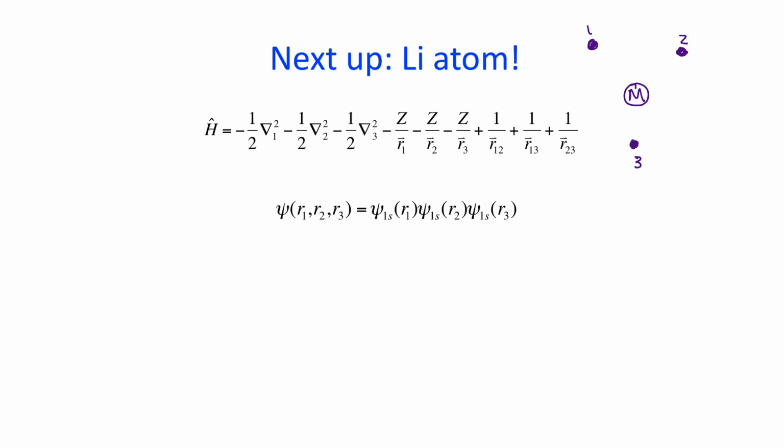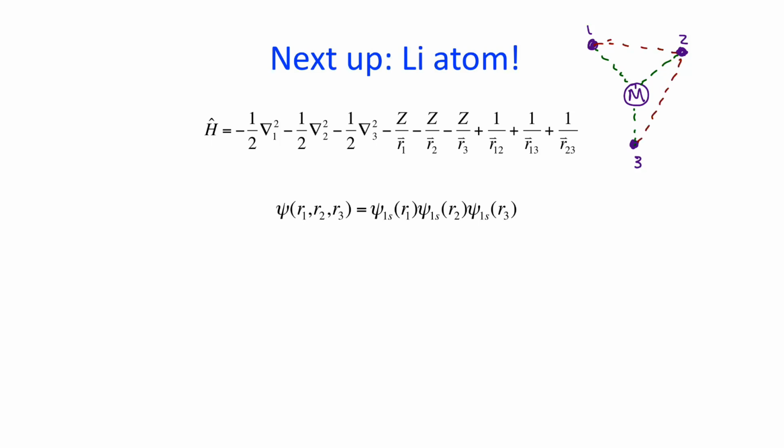So we have interactions between each electron and our nucleus, and then we also have interactions between our three electrons.